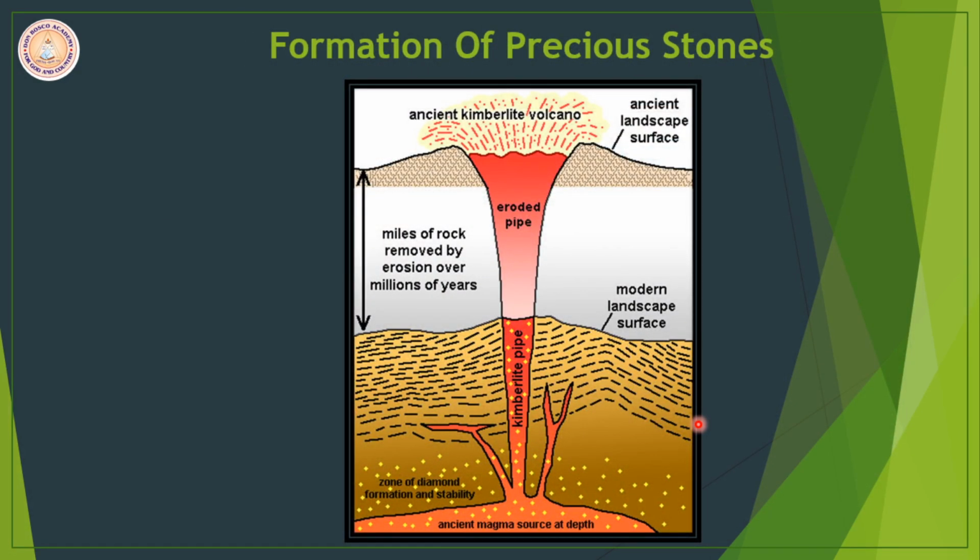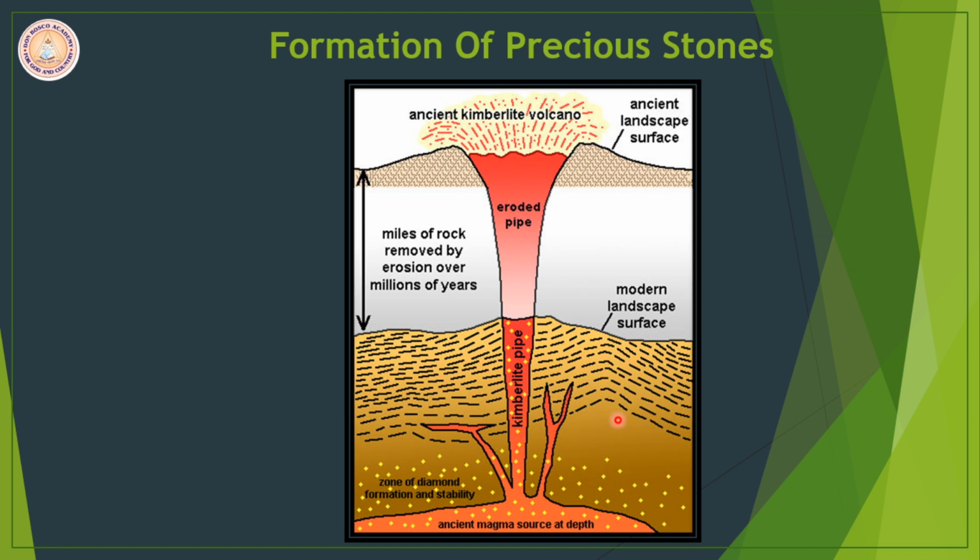Most of the precious stones and certain minerals are also found due to volcanic activities. The diamond mines at Kimberley in South Africa is the result of volcanic activity that took place over there in large areas in the geological past.